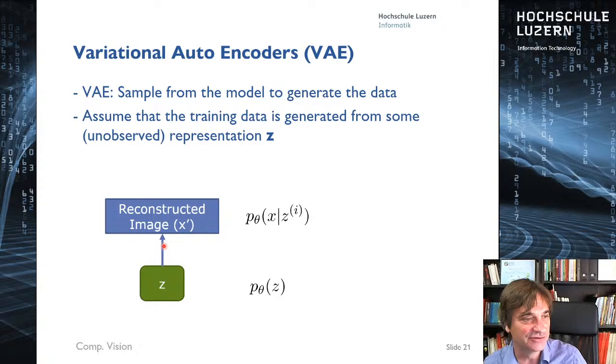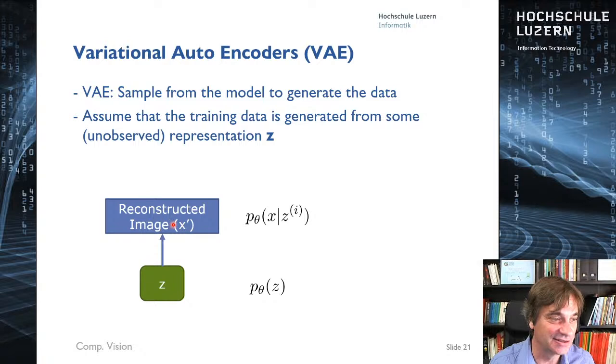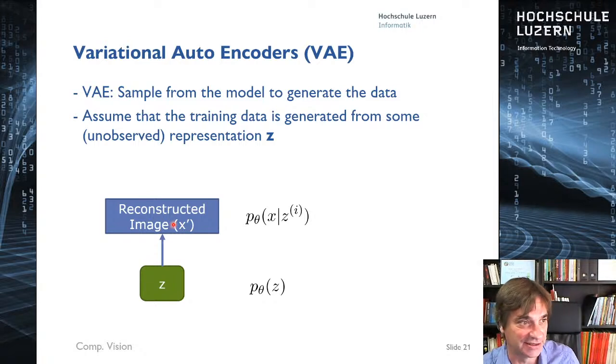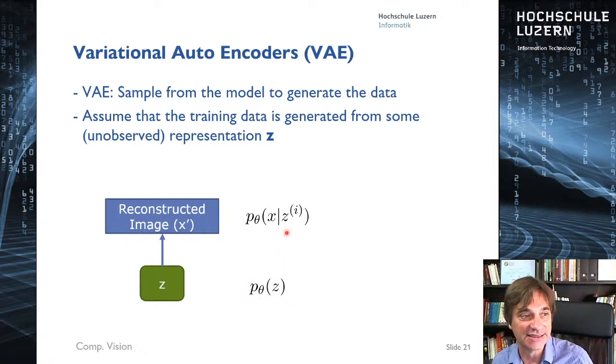Well, the idea would be, if we have some Z, we can just use another Z and try to reconstruct an image from that. So this is the idea behind variational autoencoders. Once we have learned what the latent variable space looks like, we sample from the space of all Z, and then from that space we can reconstruct the image using the decoder.